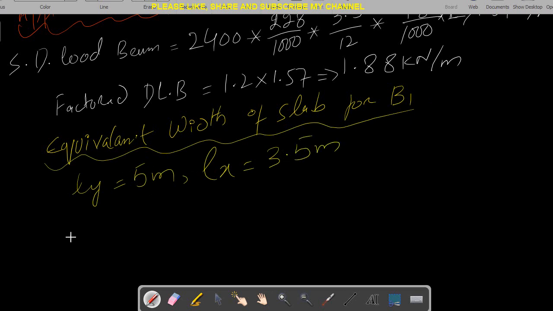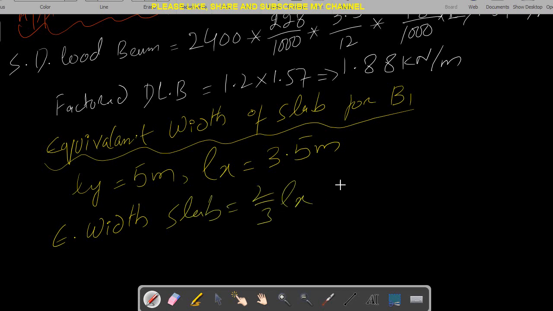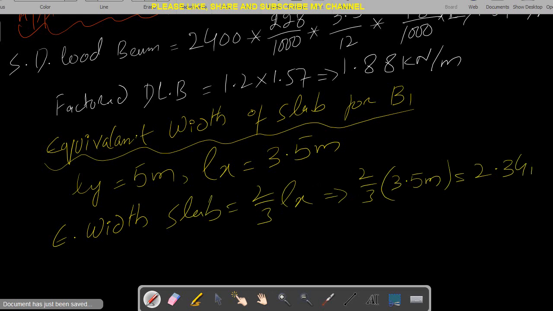So the equivalent width of slab will be 2/3 of Lx, right? So 2/3 times 3.5 meter, and I got 2.34 meter. This will be the equivalent width.